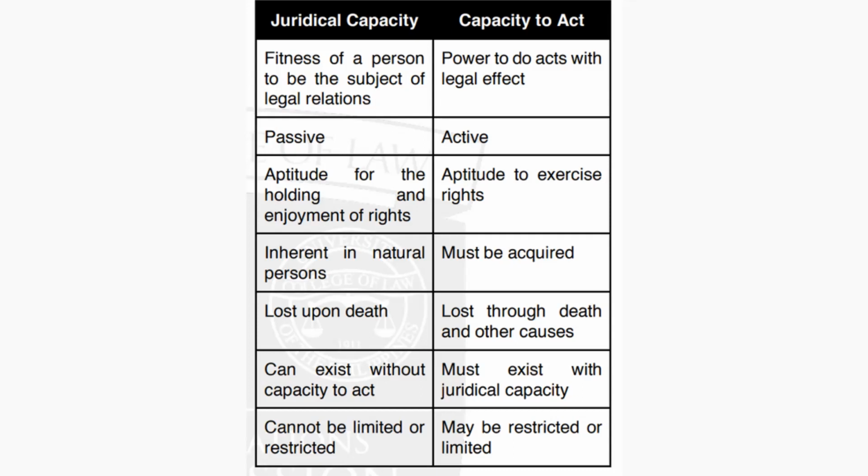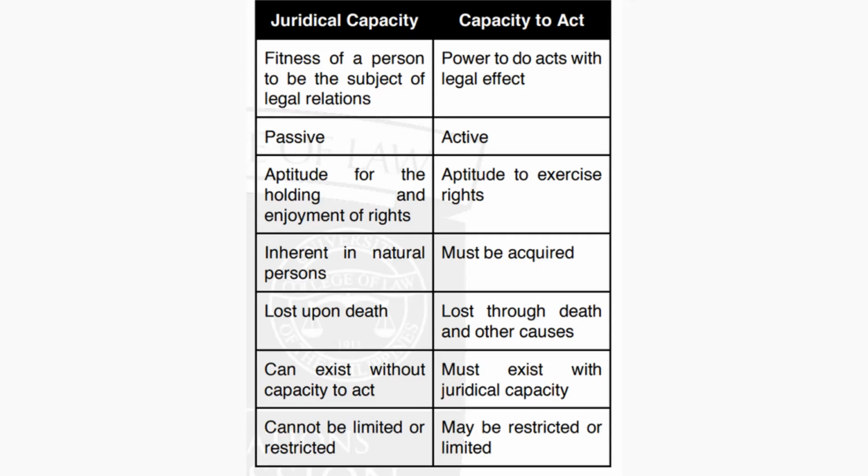For juridical capacity, it can exist without capacity to act. Let's say, for example, a 5-year-old kid can be the subject of a donation from his or her aunt, uncle, or friend.